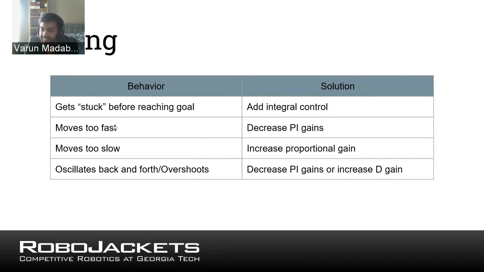If the robot's going too fast, you can decrease your proportional and integral gains. If it moves too slow, you can increase those gains. And if it oscillates back and forth, you want to increase the D gain. So this is in the case of it being underdamped. This is in the case of it being overdamped. And this is in the case of there being some unexpected loads on the system.